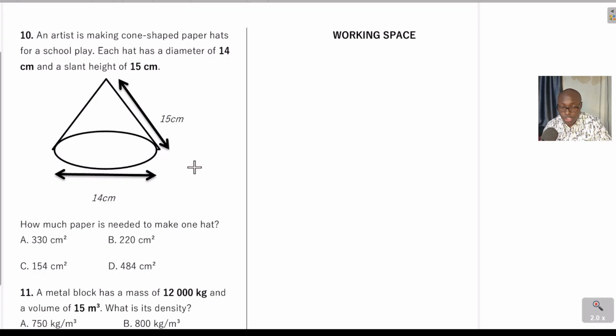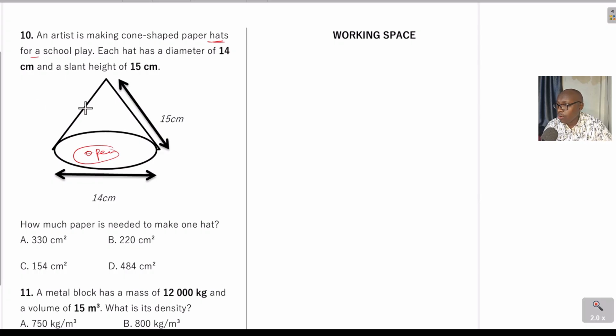And you need to be very keen, since this cone paper is open, this is a school heart, and that means we only need the curved part. So this circular part is open, that is how a heart looks. You need to be very careful about that, so you need to get the area of the curved part.